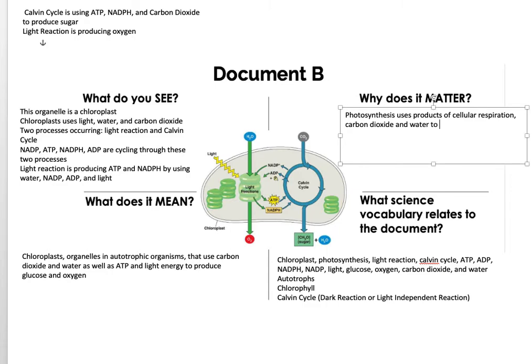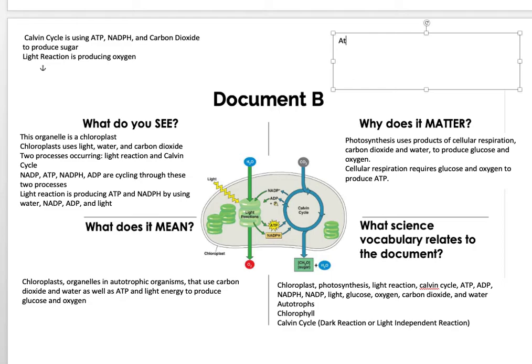Okay, to produce glucose and oxygen. Cellular respiration requires glucose and oxygen to produce ATP, right? Okay.